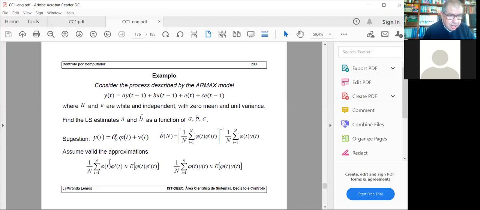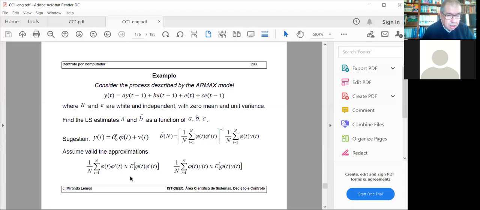Now, I approximate this summation by the expectation of phi phi transpose. Usually you do the opposite. When you want to compute the expectation, you approximate it by the sum over the sample. The expectation is the integral of the function, or the random variable that you want to estimate, times the probability density function of that.